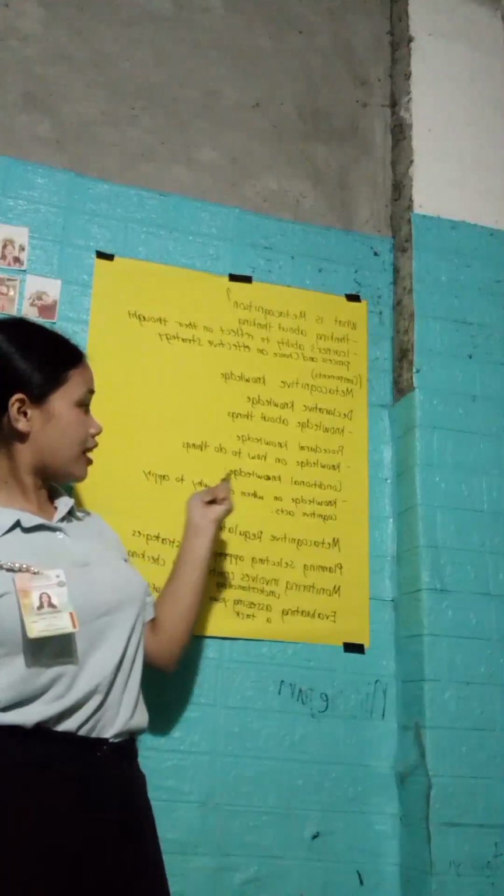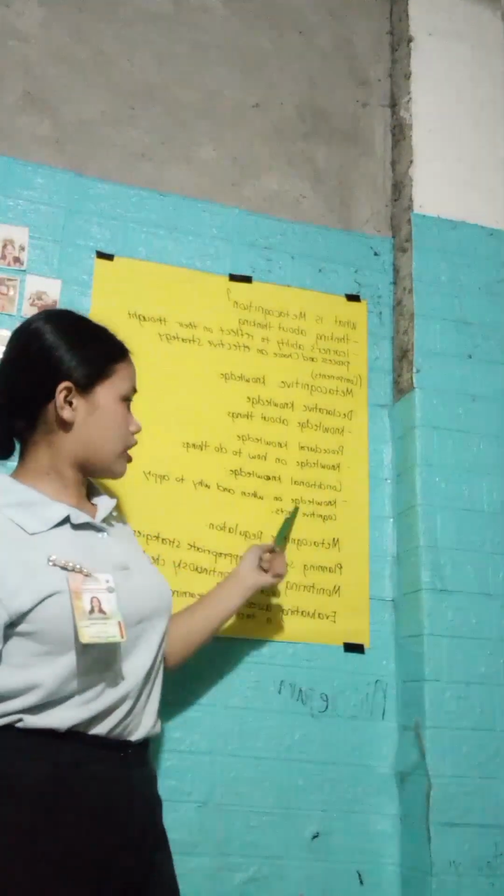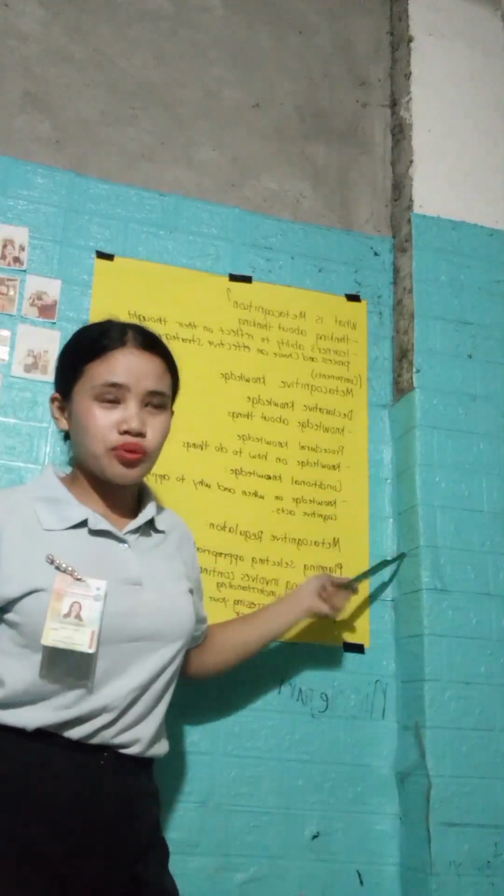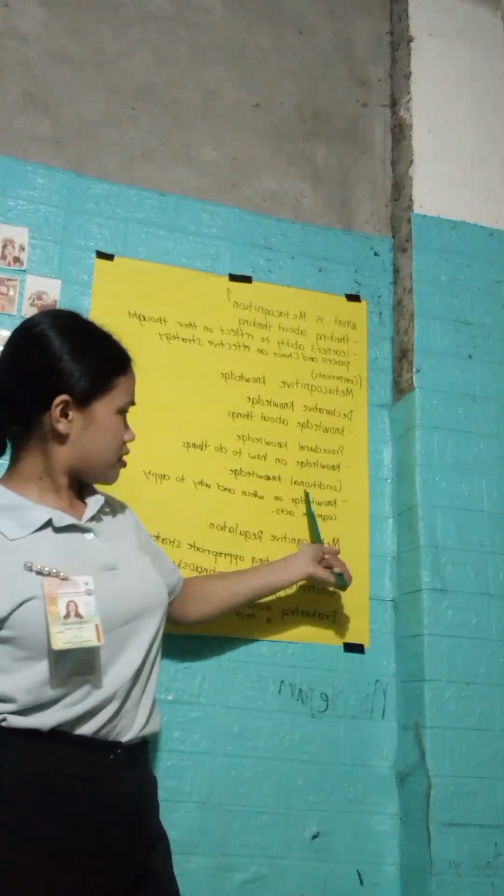And conditional knowledge is evaluating your doing, knowledge on when and why to apply cognitive acts. So if you finish the cooking or baking the cake, you need to evaluate your cake. What is the taste, is it just right for your mixture?